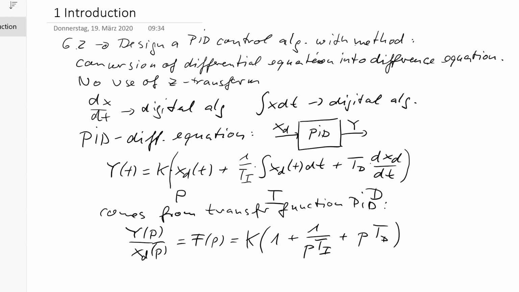So this is just a repetition of what we have learned in Control System 1. The task today is to convert this equation into a digital algorithm. So we start with the P part, followed by the integration conversion, and finish with the differential conversion.